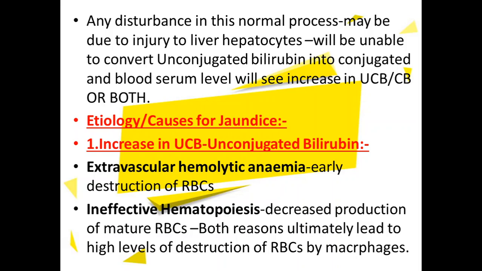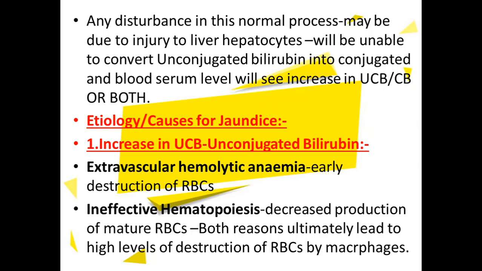That means there is decreased production of mature RBCs. So if mature RBCs are not formed, ultimately they are destroyed by the macrophages. So in both the cases, there is excessive destruction of RBCs by macrophages, right?